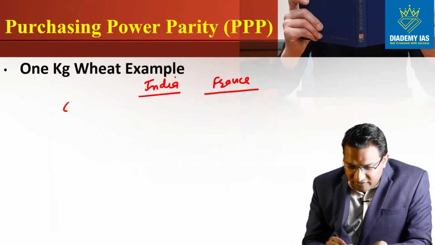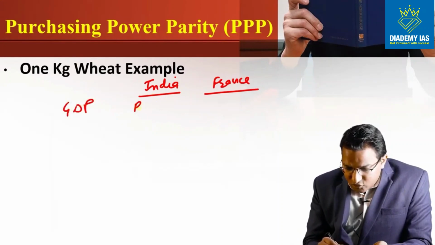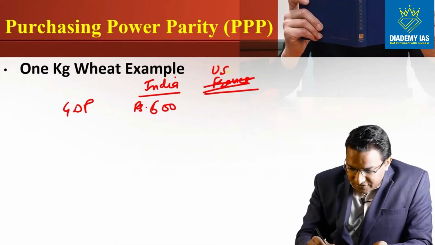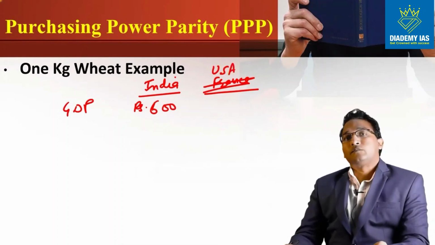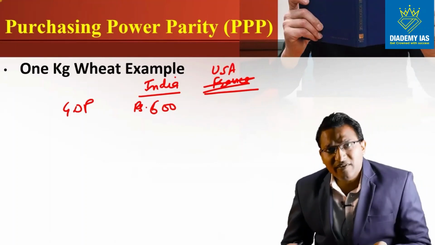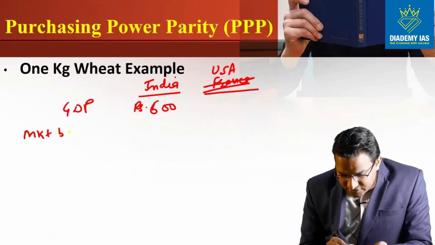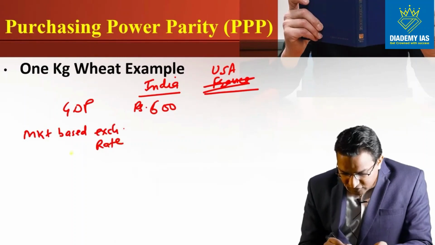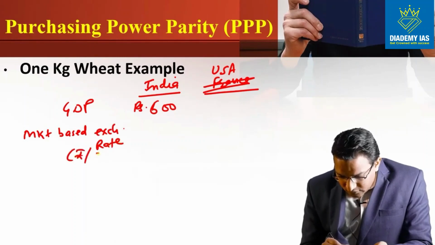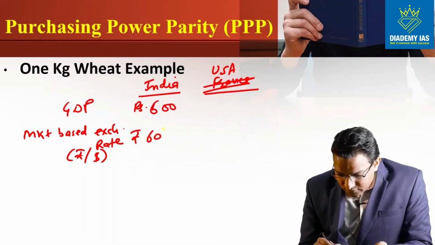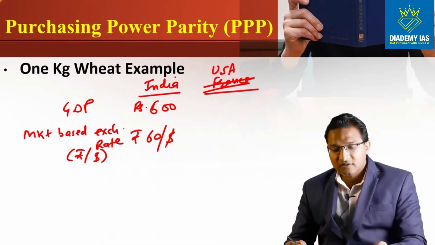Now, for example, the value of GDP of India is rupees 600, and let us change this country for more simplicity. Let us keep this USA. So the GDP value is 600 rupees, and if we see the market-based exchange rate between rupee and dollar, it is 60 rupees per dollar, right?